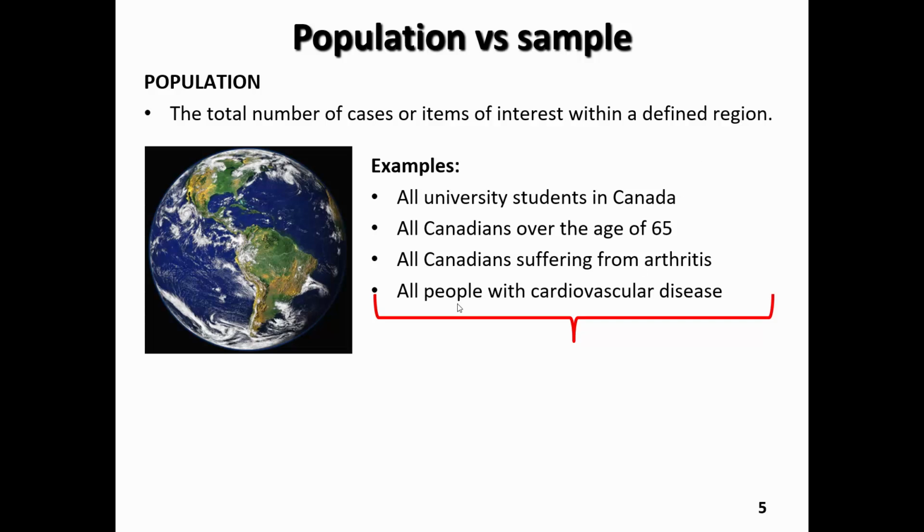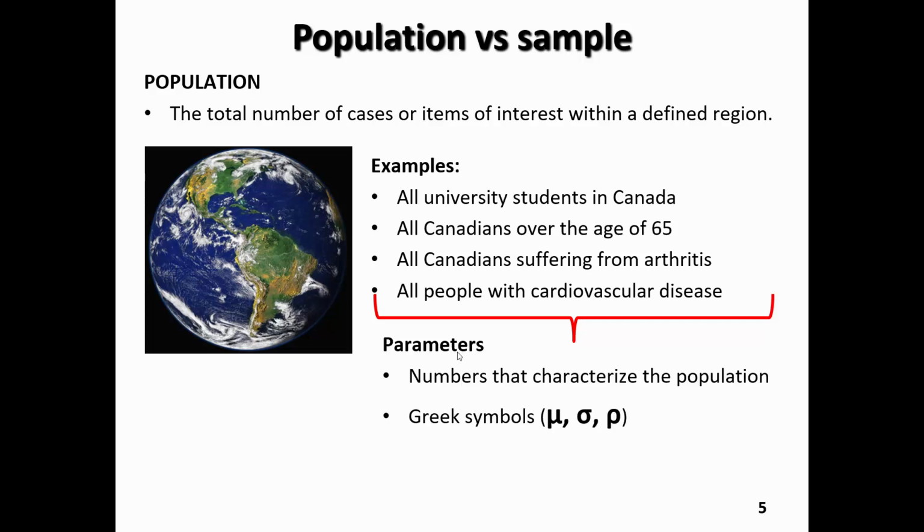Perhaps our population of interest are all people with cardiovascular disease. And so if we wish to summarize the information that is quantifiable from a population, we would generate what are called population parameters. And those are numerical values that characterize the population.